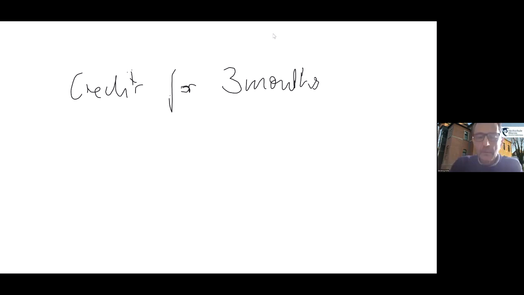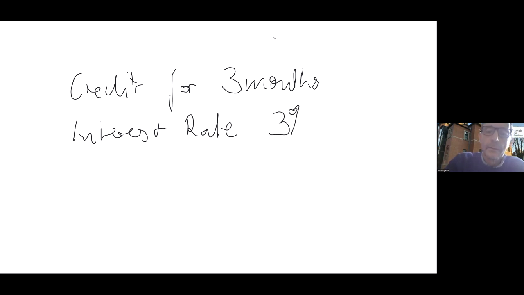That's the time, and after that time, you will pay back. The interest rate at the moment might be some percent per annum. That means a yearly based interest rate.